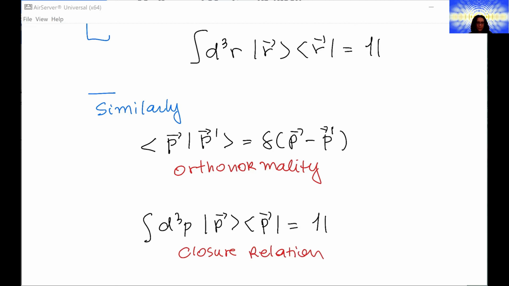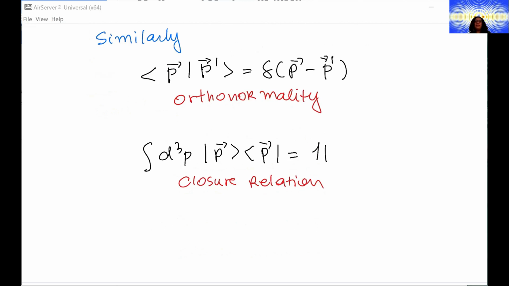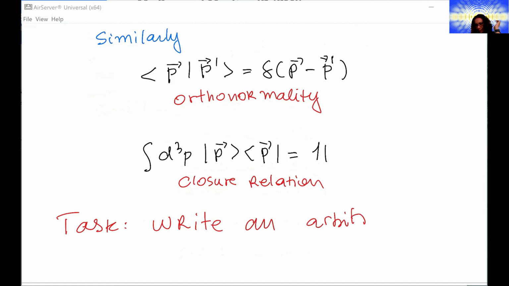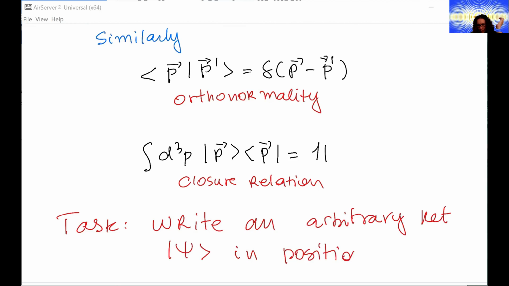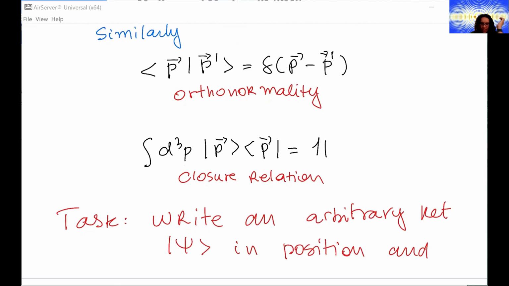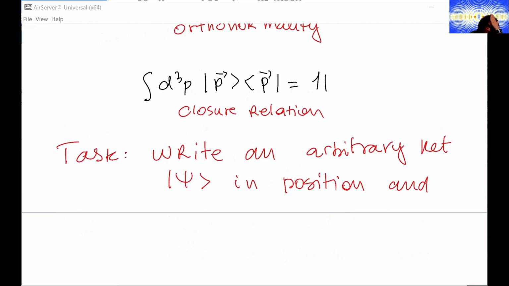Now, what we are going to do is see how we can write an arbitrary ket psi in position and in momentum representations.